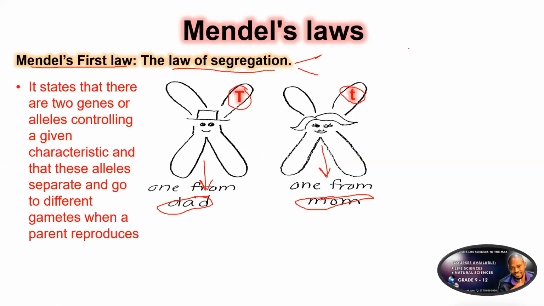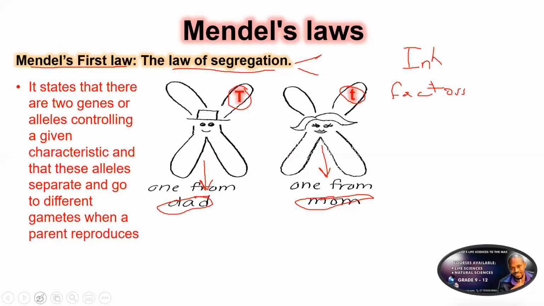Back then, Mendel wasn't using the word genes because no one had coined that word before. He used to call them inheritance factors, or factors of inheritance.